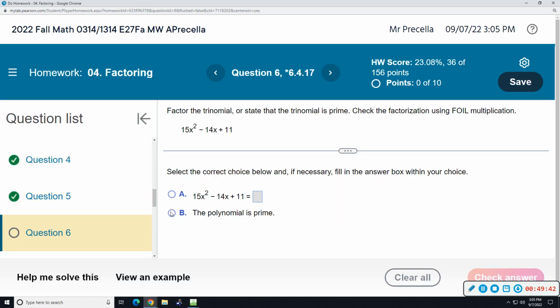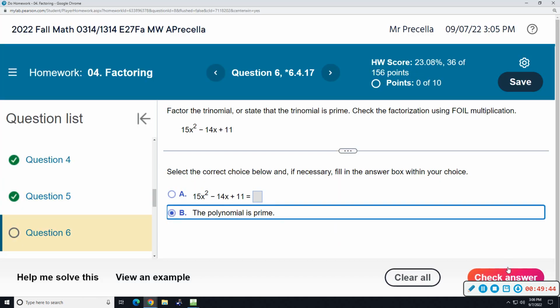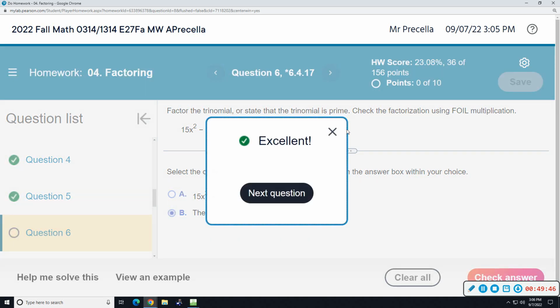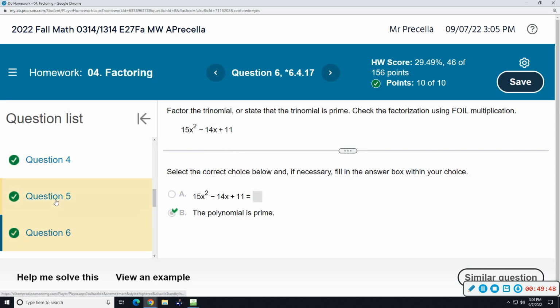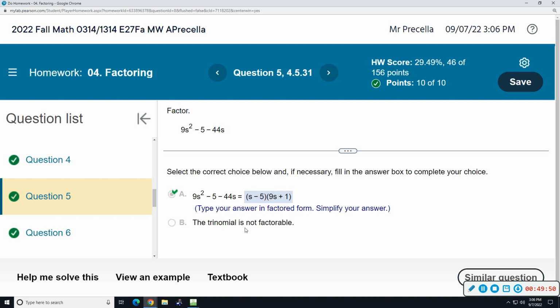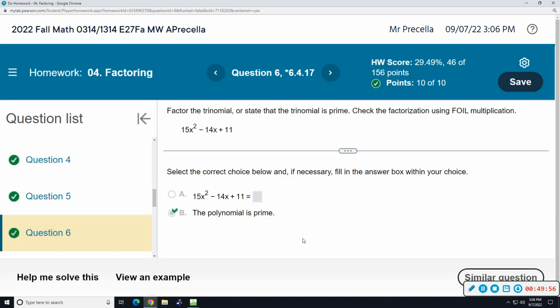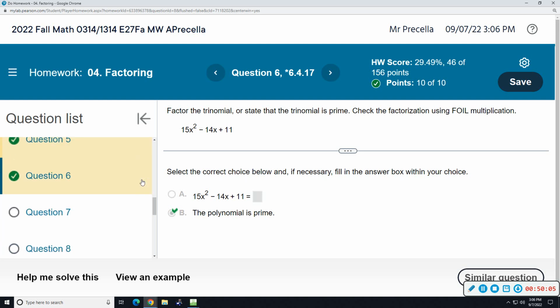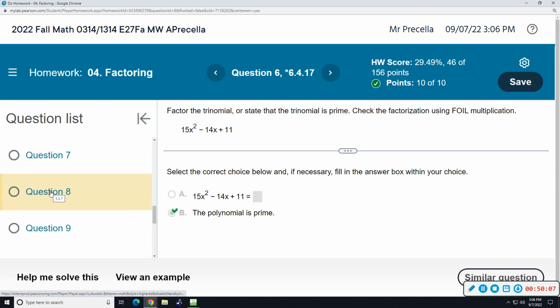But on number 5, I think the option that it said was not factorable. They mean the same thing. Okay? It's number 6. And again, everyone's number 6 is going to be prime. Okay? Not factorable.